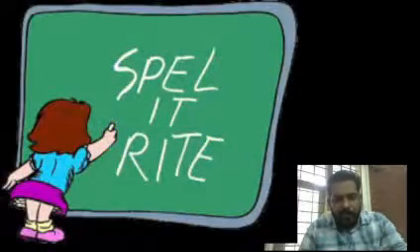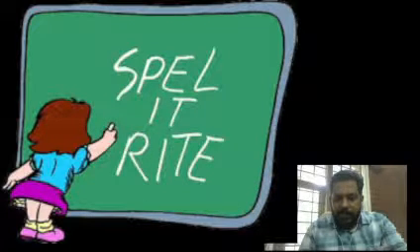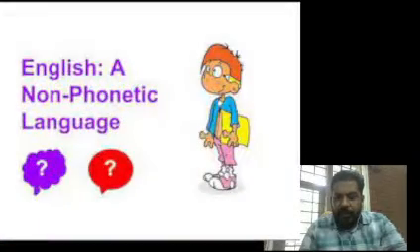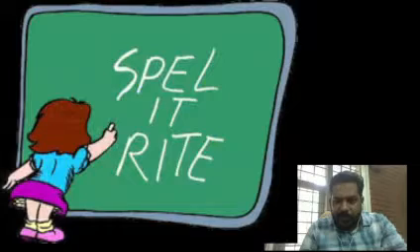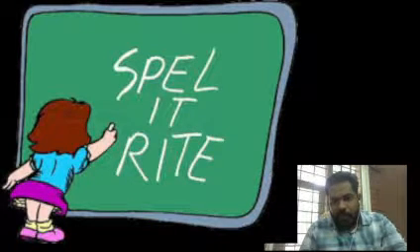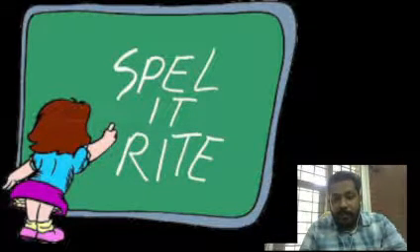Today we will discuss what are the characteristics of English as an unphonetic language. Our mother tongue, Malayalam, is a phonetic language because in Malayalam there are 48 sounds as well as 48 letters. That means there are sufficient symbols to represent the speech sounds in Malayalam.